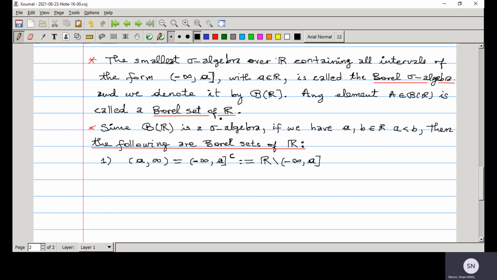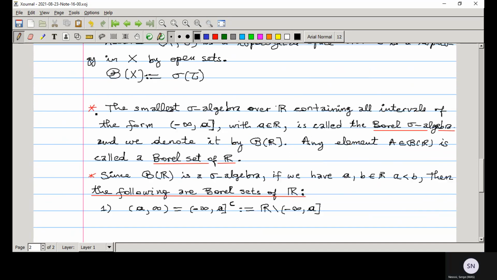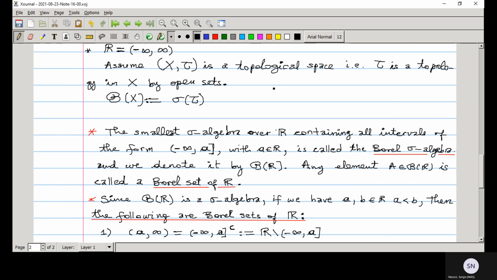Because in our definition, we say that BR is the smallest sigma algebra containing all intervals of this form. So the intervals of this form generate this sigma algebra. If I call this K, remember last time when we defined a sigma algebra generated by a set.